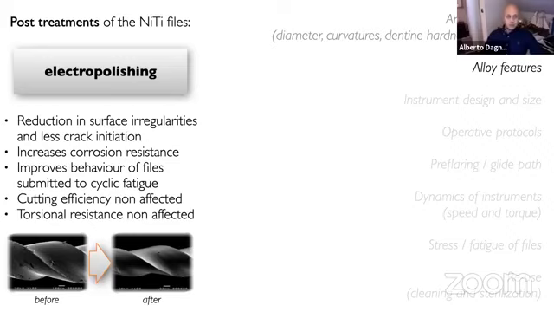One of these procedures is the electropolishing. It is a procedure made to reduce the irregularities of the surface and to reduce the cracks on the surface of the alloy. This procedure is helpful in increasing the corrosion resistance of the file and in increasing the resistance of the file inside the root canal.